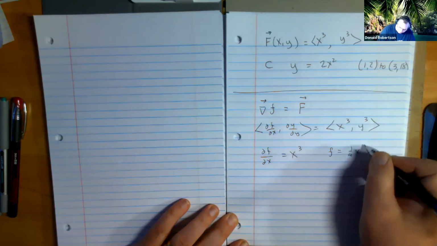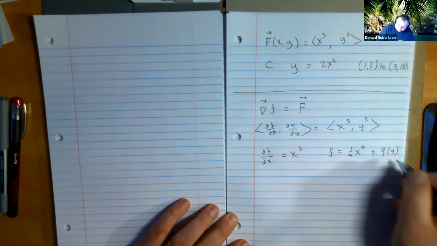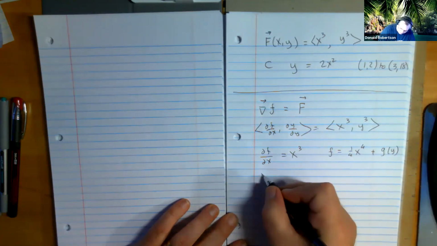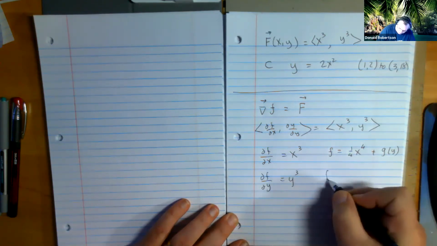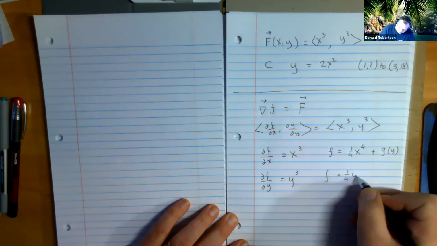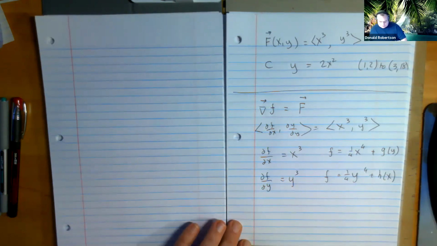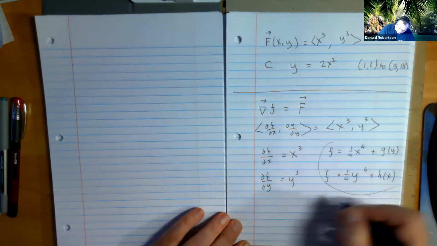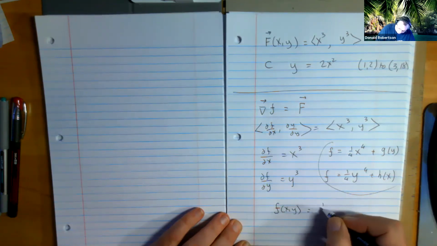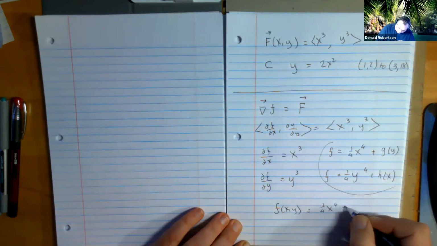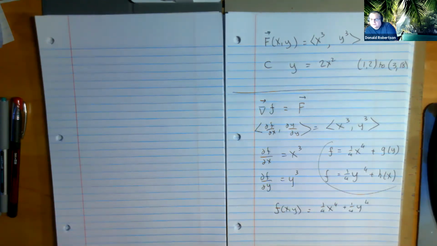Would you agree it would be just a simple power rule plus some arbitrary constant that contains a y? By symmetry, plus an arbitrary constant function that contains an x. And when you put these together, you have your potential function. That look good?